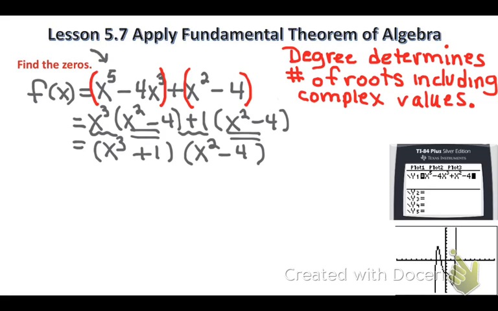And now look at these 2 binomials and think, what else can we do? The first parenthesis is a cube, so we'll find the cube root, x plus 1. We square that, so it's x squared. We square the 1, which is just 1.